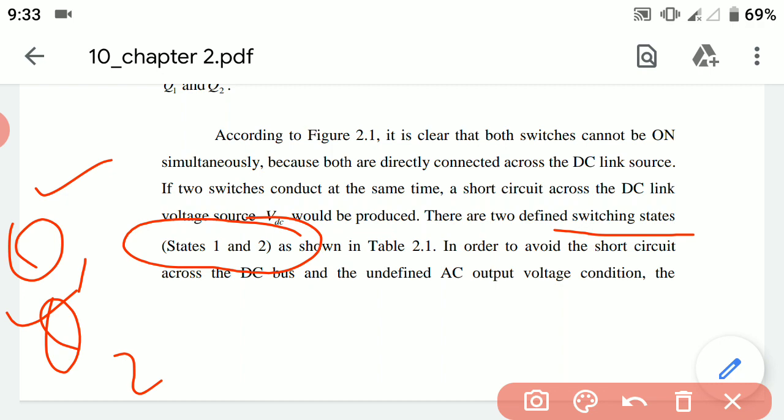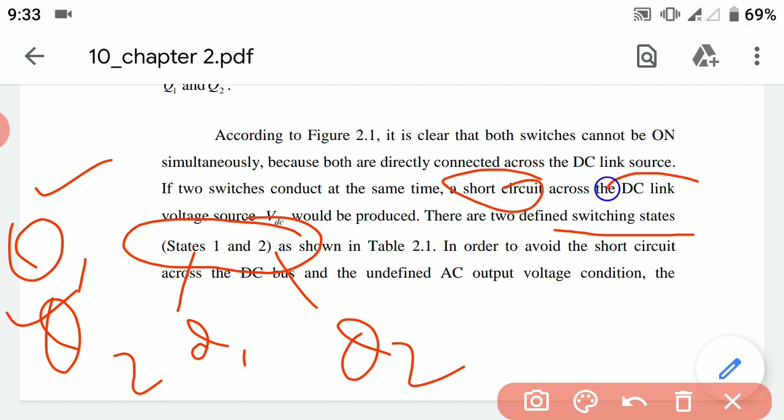In state 1 Q1 will be conducting, and in state 2 Q2 will be conducting, because if we allow these two switches to operate at the same time, there may be a chance of short circuit in the DC link, that is the voltage source.